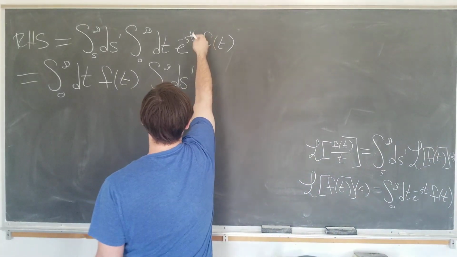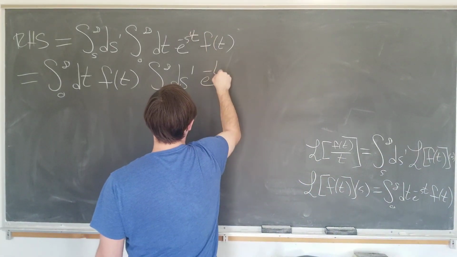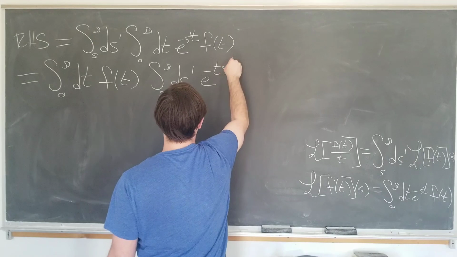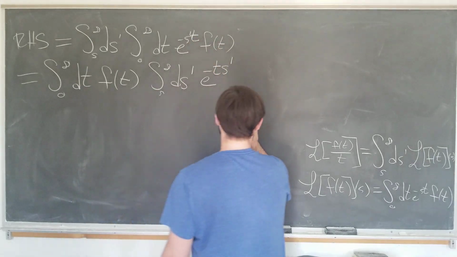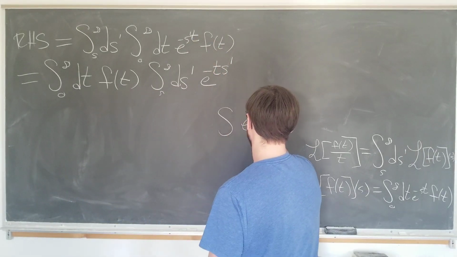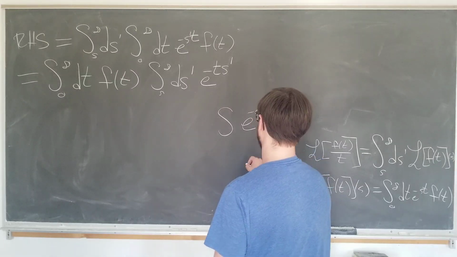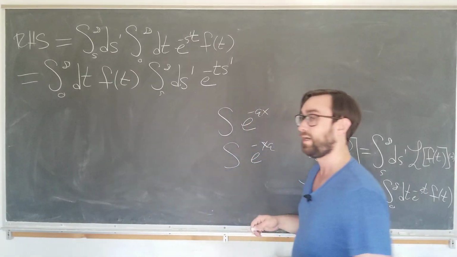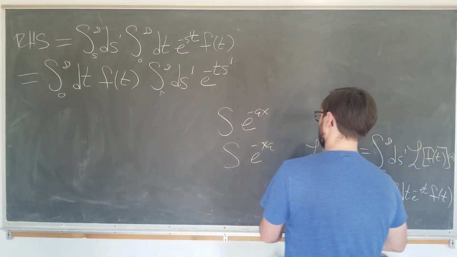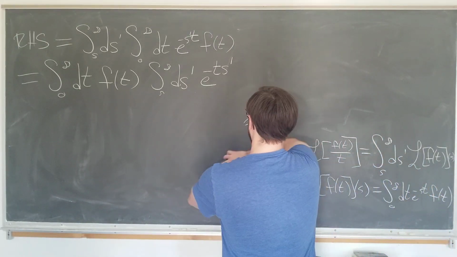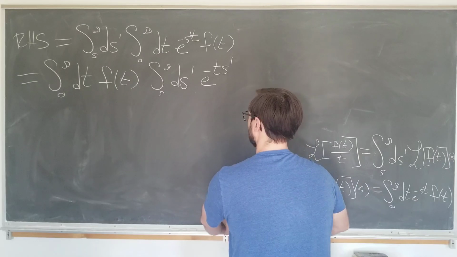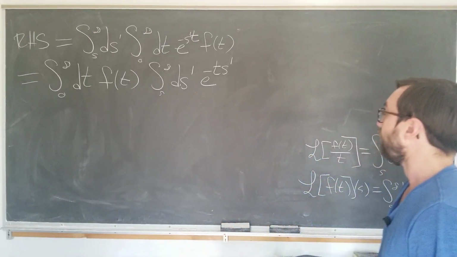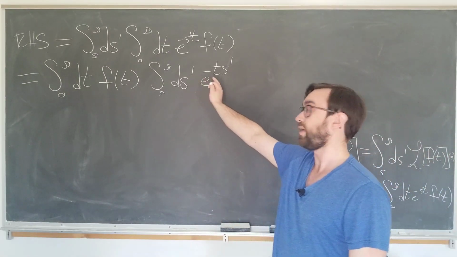Okay, I'm going to switch the order of these variables here so it doesn't confuse me. Because typically we integrate something like e to the minus ax, and we don't write e to the minus xa. So I'm just going to switch the order so it doesn't confuse me. But they're of course equivalent. All right, this is an integral that we know how to do.